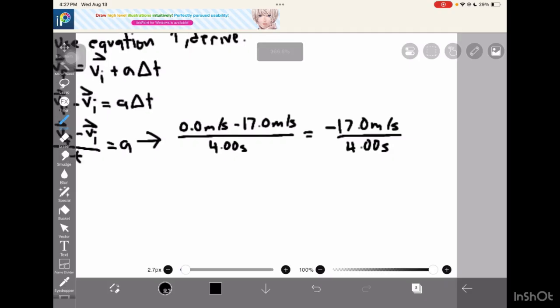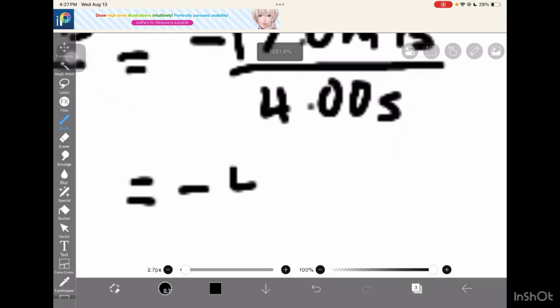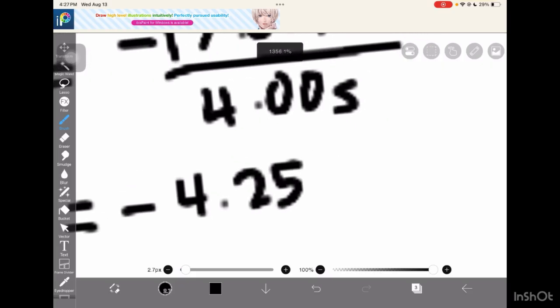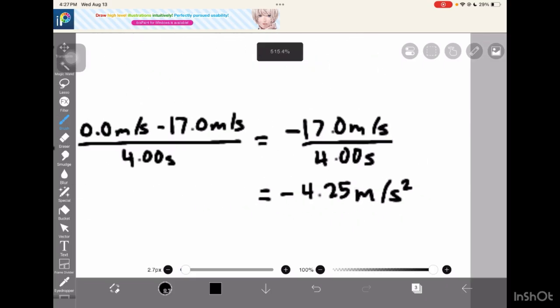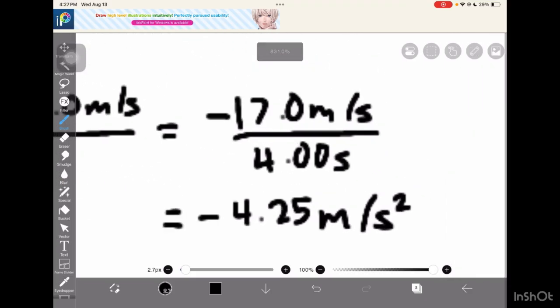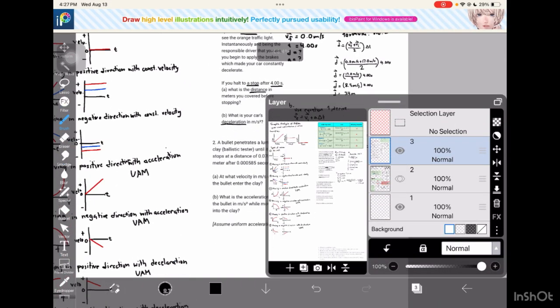And then we put that into the calculator: 17.0 divided by 4.00 is equal to negative 4.25 meters per second squared. And yeah, that's correct because we need to follow 3 SFs. So that's actually a nice one.